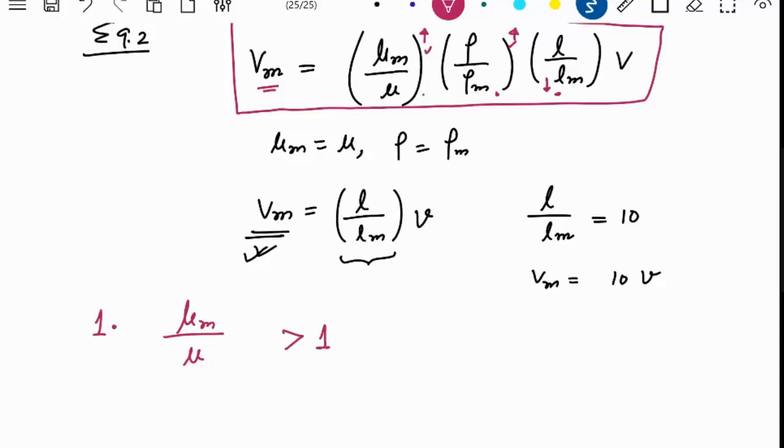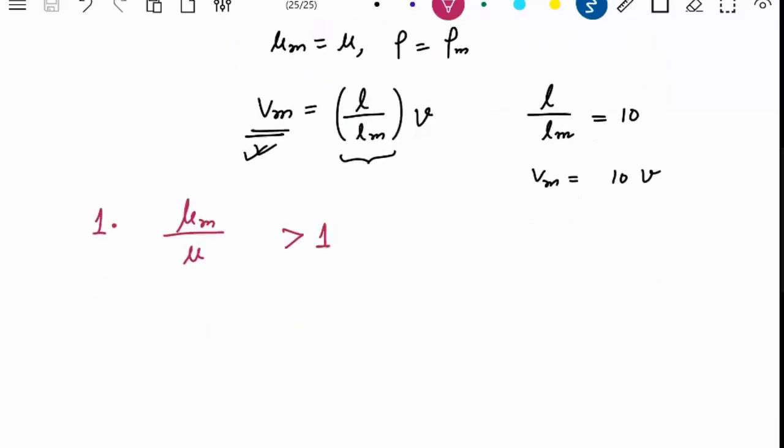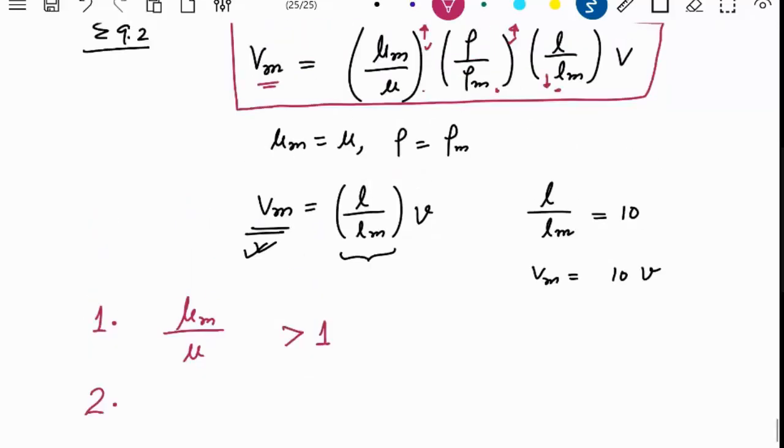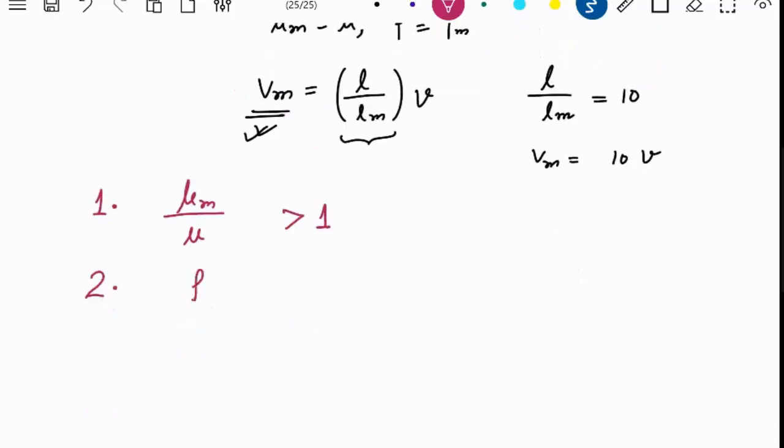So in the prototype we have one liquid, and in the model you have a different liquid. So again you can compensate. The other possibility is you can increase the ratio rho by rho m. This means you can take a different, heavier liquid, depending upon other situations.